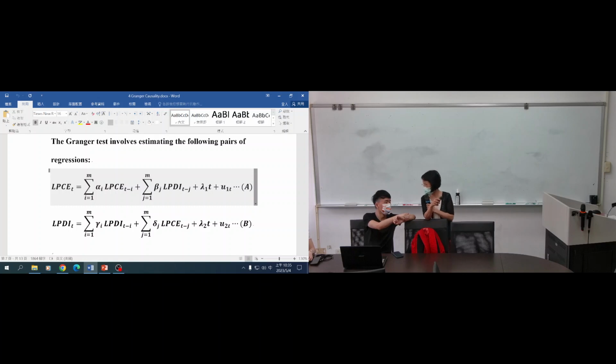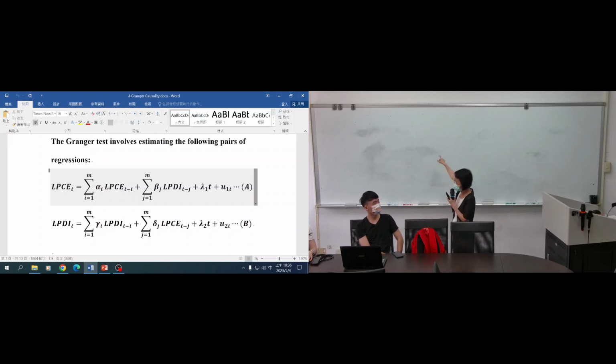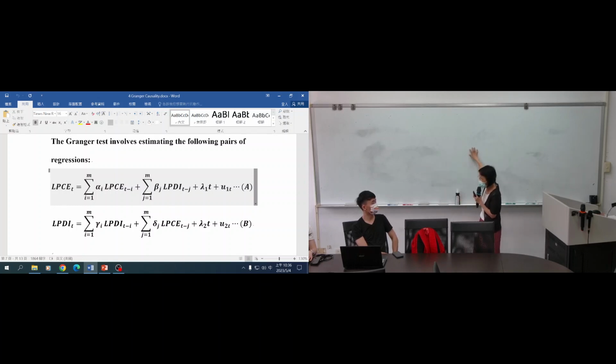Usually, this T can be considered as one of the inflation, because from the time, all these T's mean 1, 2, 3, 4, 5, 6. So if the number is bigger, it means the time is later, and if we do this, then we eliminate the inflations usually.